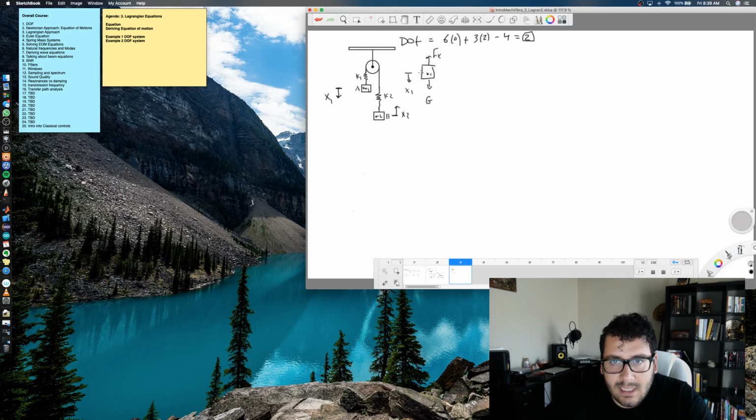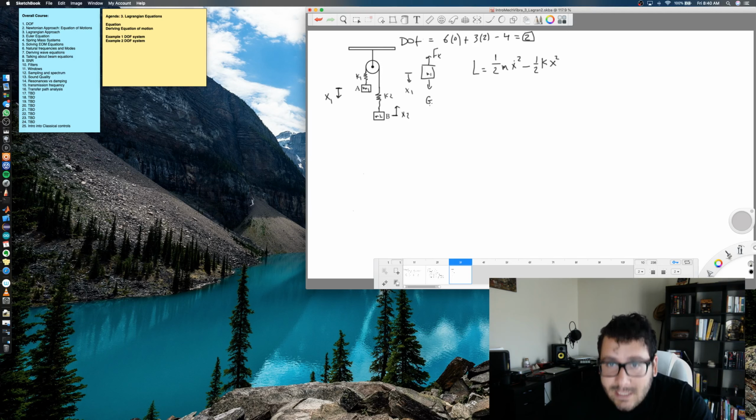So, just looking at this term over here, I have L equal to half of m x dot squared, minus half of k x squared, because I'm stretching the string.